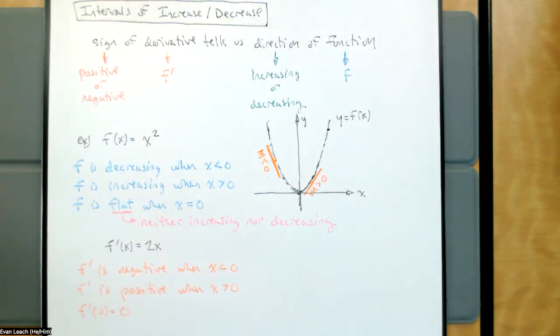Negative slope means a decreasing function. The sign of the derivative tells us about the direction of the function.